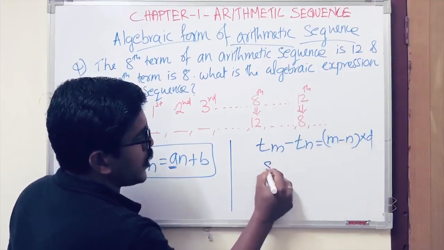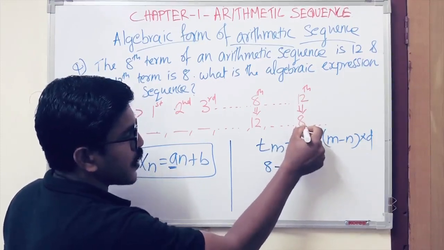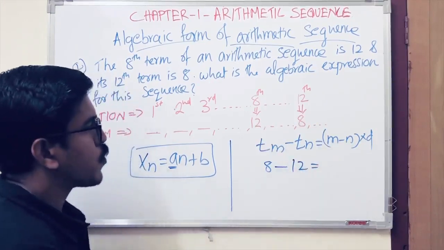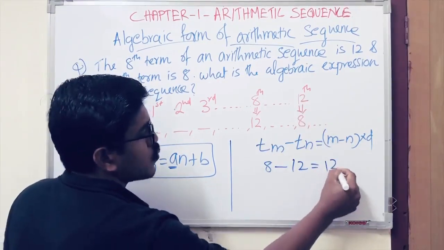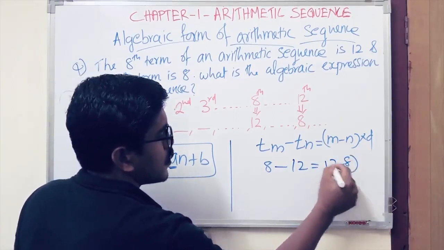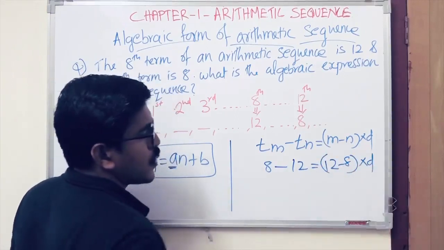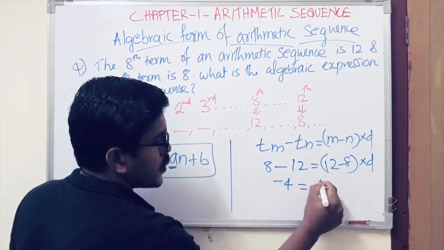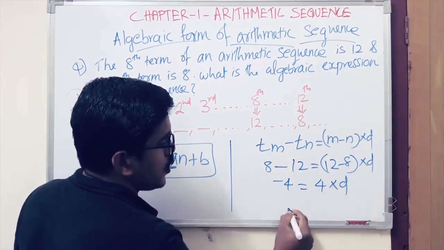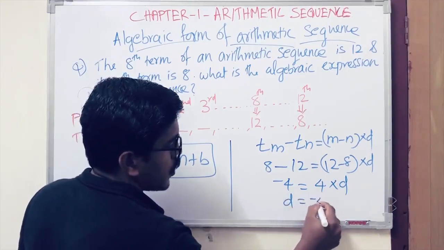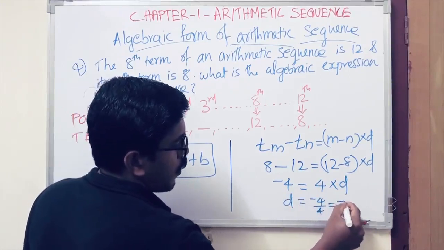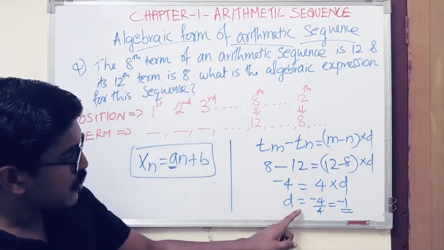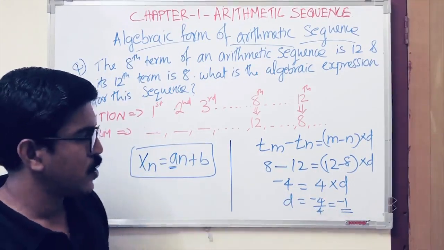So 8 minus 12 equals the difference of positions, 12 minus 8, into d. That is 8 minus 12 is minus 4, 12 minus 8 is 4, into d. Then d is equal to minus 4 by 4, minus 1. So we got the common difference as minus 1.